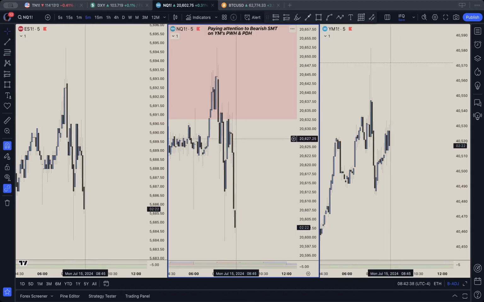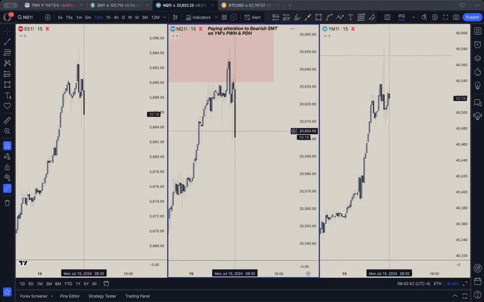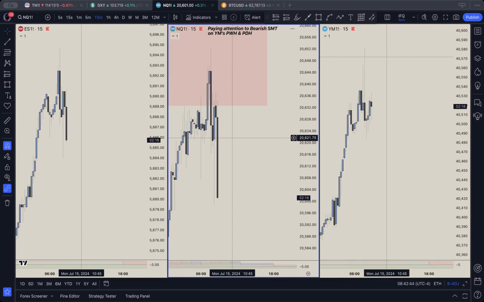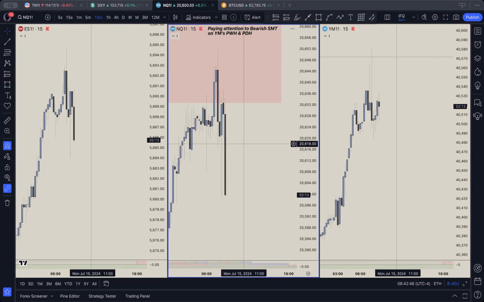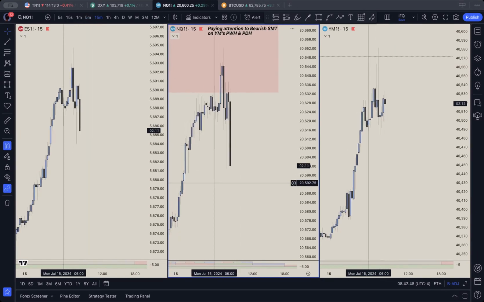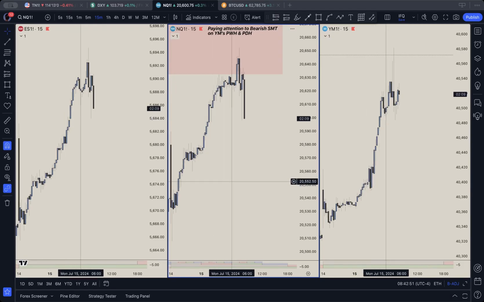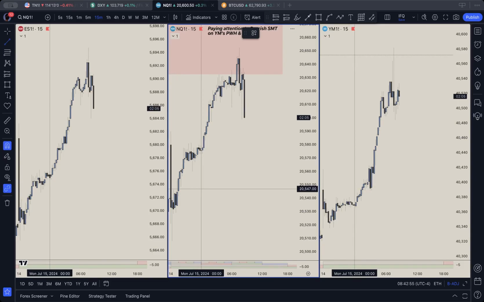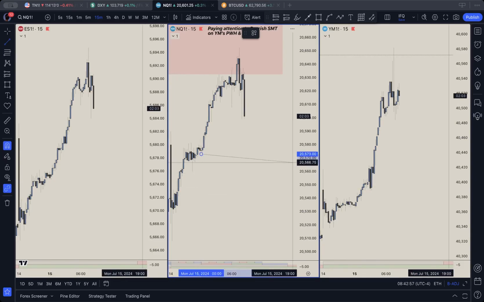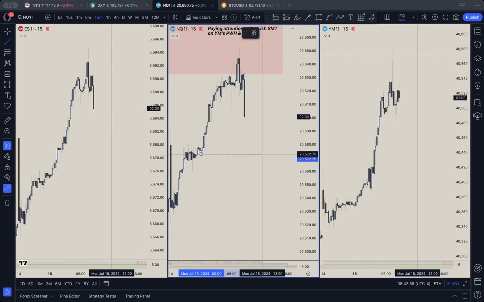This 8:30 news event did nothing. I just realized. 15-minute candle doing something. Let's see if we can get a possible SMT with the London low.